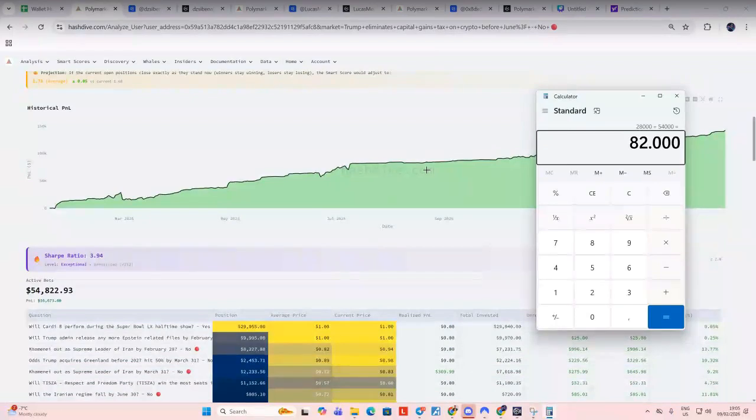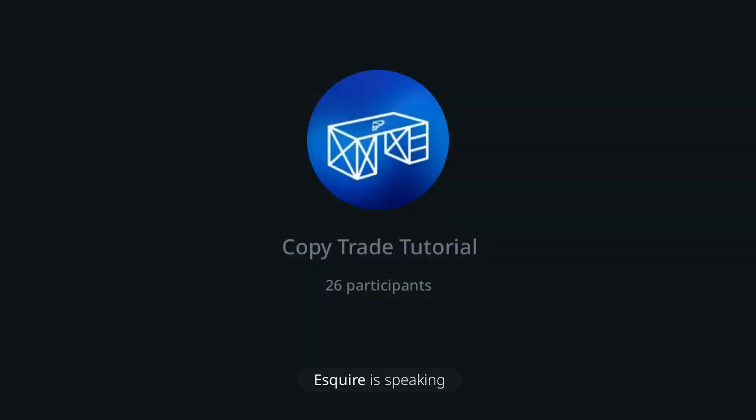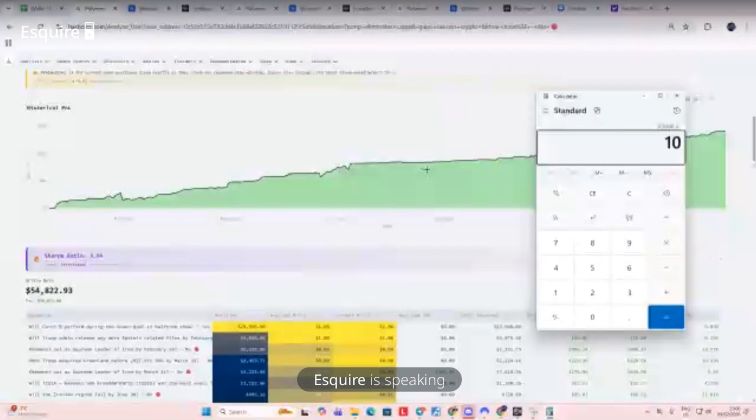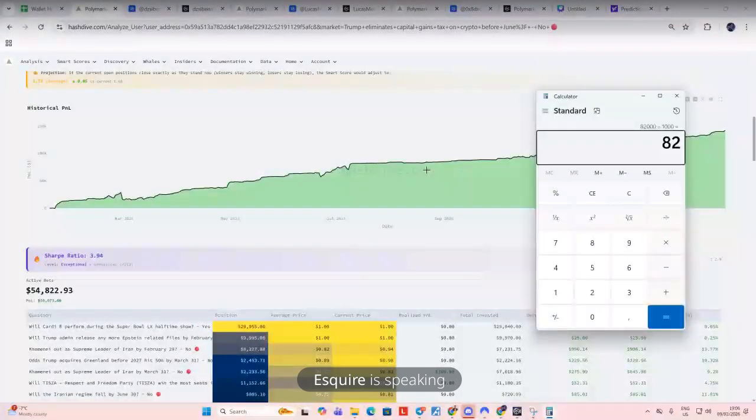So his total net worth is coming in at 82K. I've got $1,000, right? So I'm going to divide his 82K by my $1,000, which gives me 82. So on a dollar per dollar basis, I'm getting 1-to-82 of him.